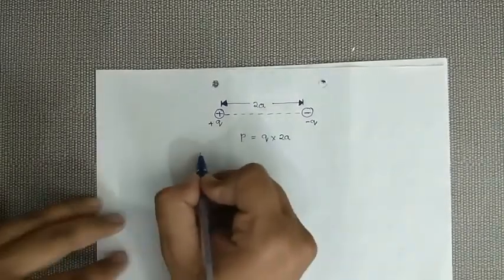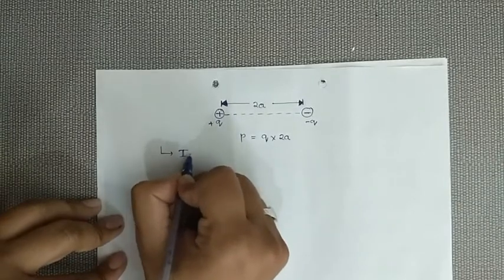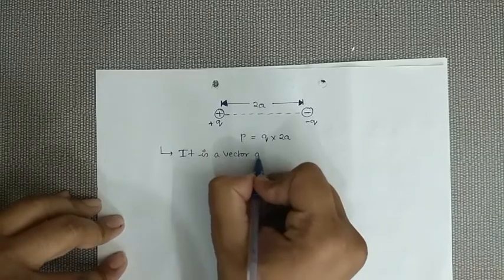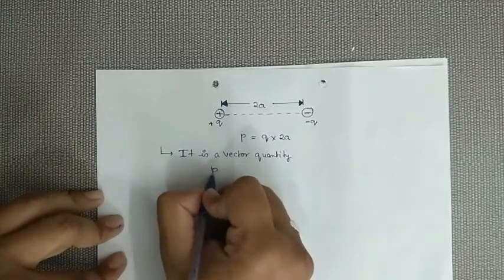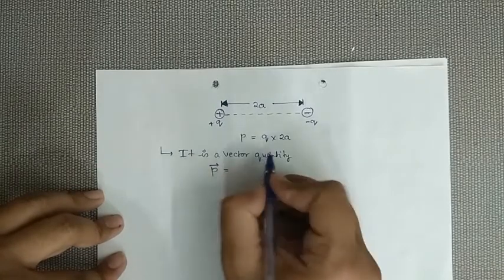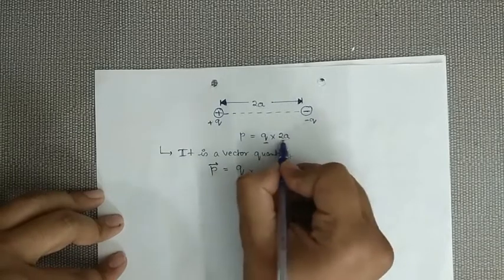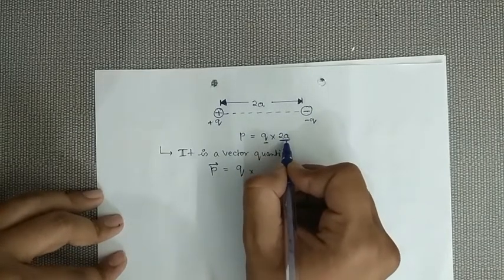Now some important points which we have to remember about dipole moment. This dipole moment is a vector quantity. If it is a vector quantity, then it must have some direction. So how to point the direction of this dipole moment P? See, your Q is a scalar quantity, but this 2a is the distance between them. We can also represent it as a displacement of the charge.